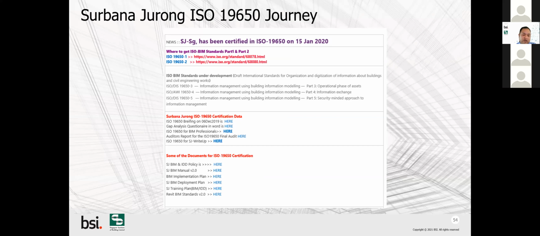We actually put that into writing, and we have manuals to say, okay, if your project asks for BIM standards, this will be it. If your project is asking for VDC standards, this will be your guide. And the last part is, if your project is requiring IDD, the integrated digital delivery standards, this is the way forward.